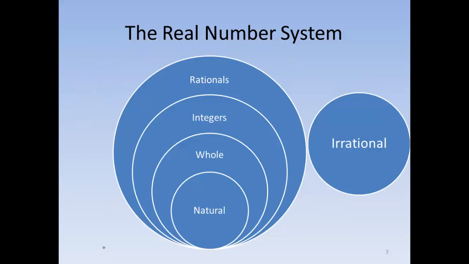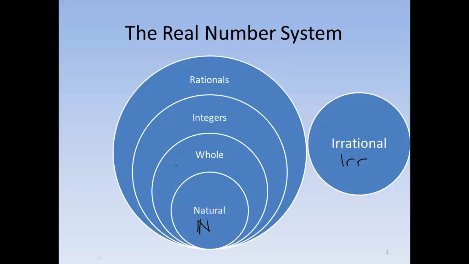So we can make a nice little diagram that shows how all these fit together. The irrational numbers are over here. They're separate, not a part of anything else, and we can shorten it. In class, I'll use IRR for the irrational numbers. For the natural numbers, we use a fancy N with the double bar.